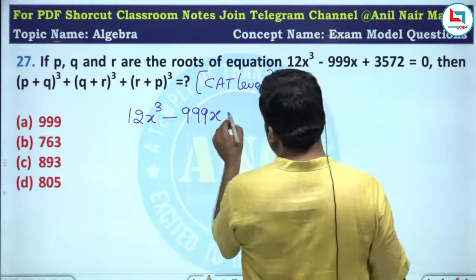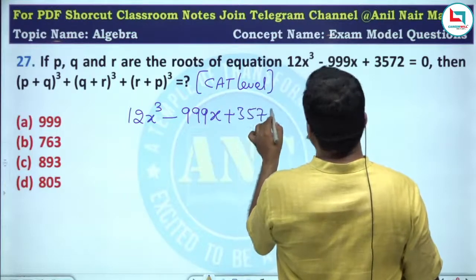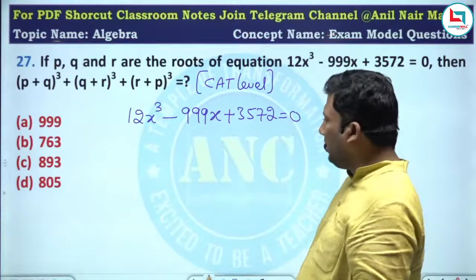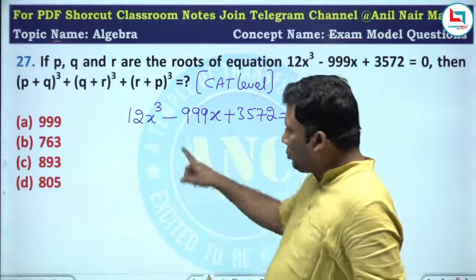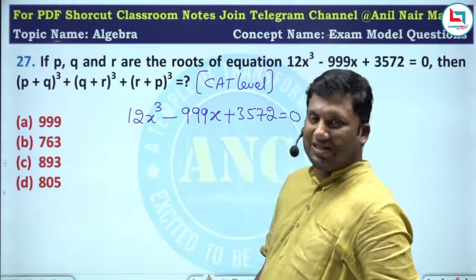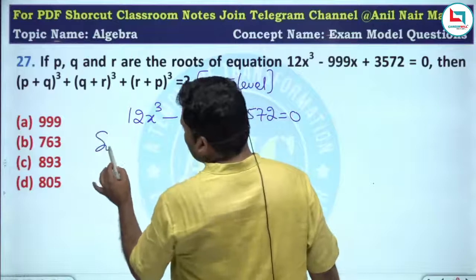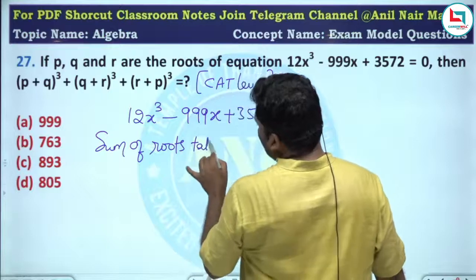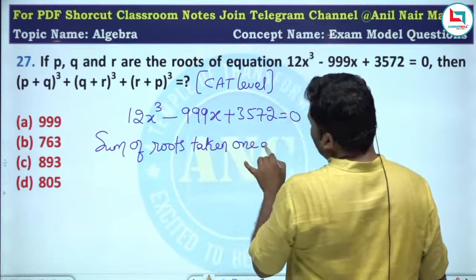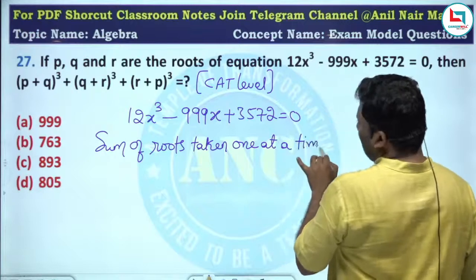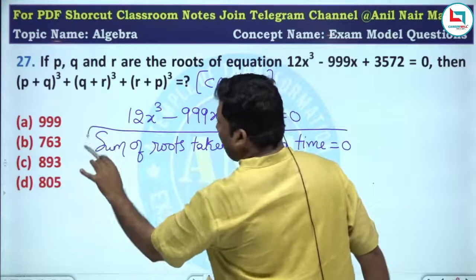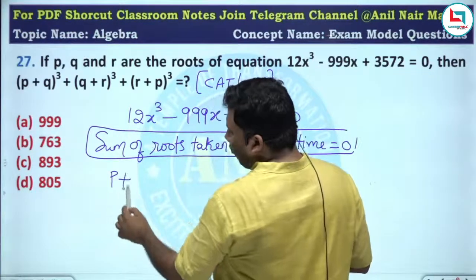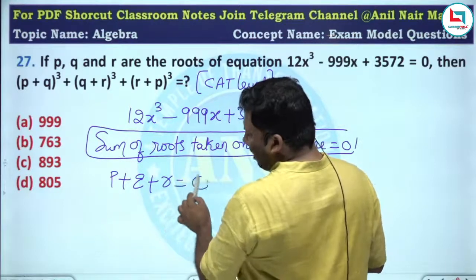The coefficient of x square is missing, which means the sum of the roots taken one at a time is 0. So P plus Q plus R is 0.